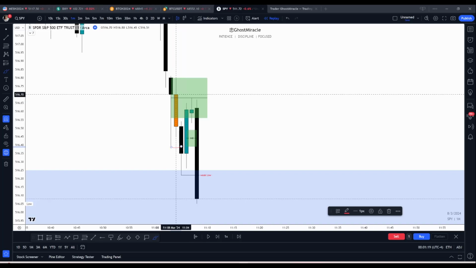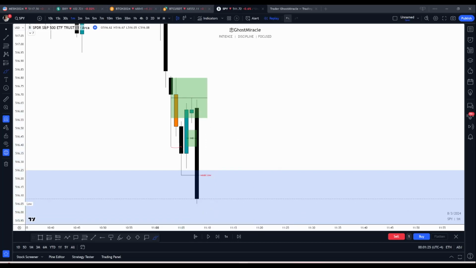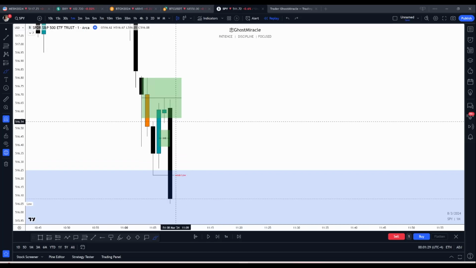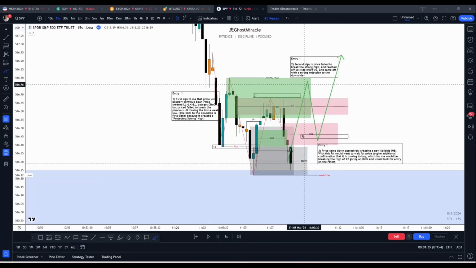Retest on this pullback candle, and then it flushed down to the bottom. That's on the 1 minute how I would see it.